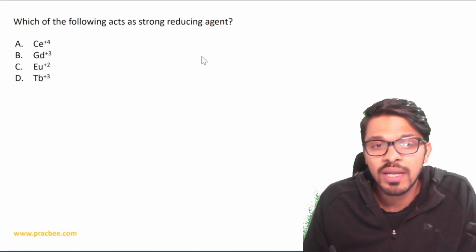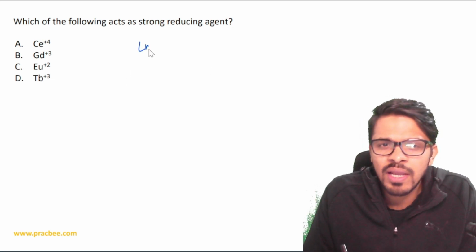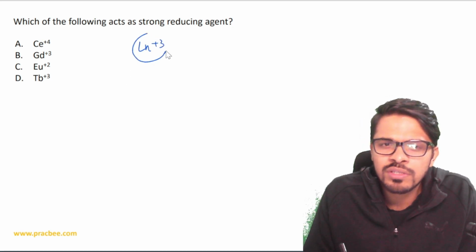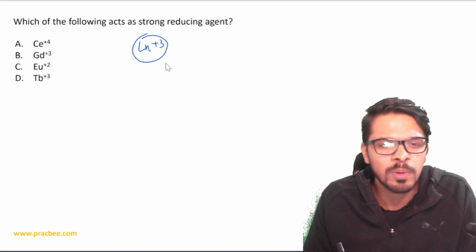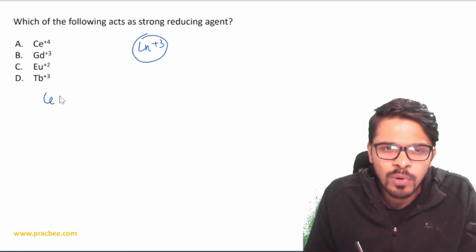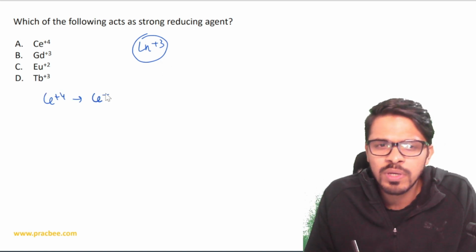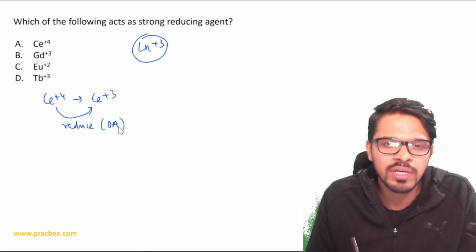Next question is directly from the d and f block. If you know that the lanthanoids are stable in an oxidation state of +3, you will be able to do this question. You don't need to remember any electronic configuration for this question. Cerium wants to go to +3, so it wants to reduce itself, and if it is reducing itself, it will act as an oxidizing agent.